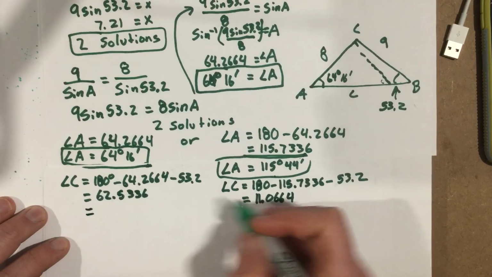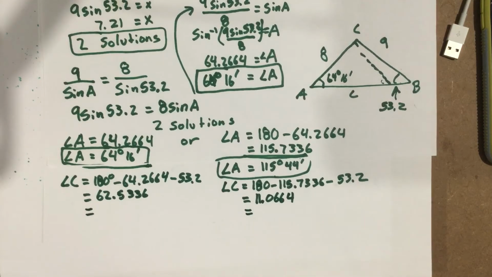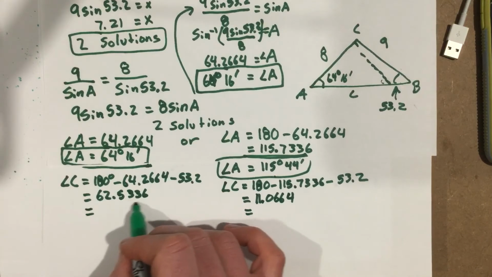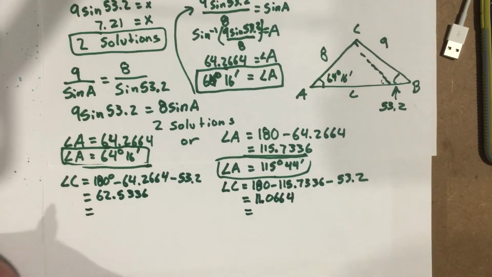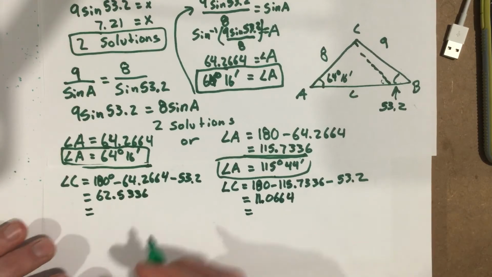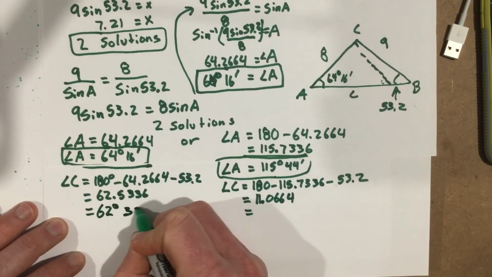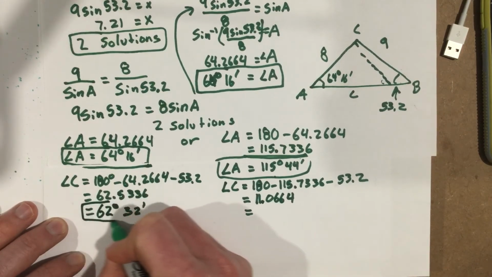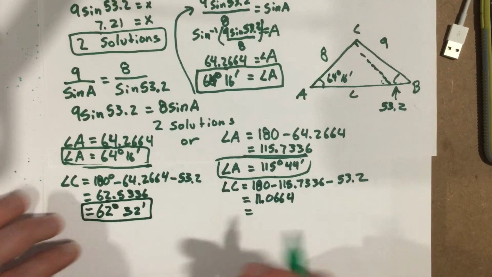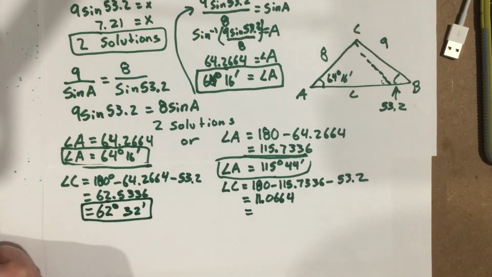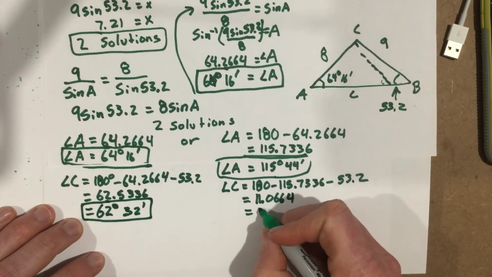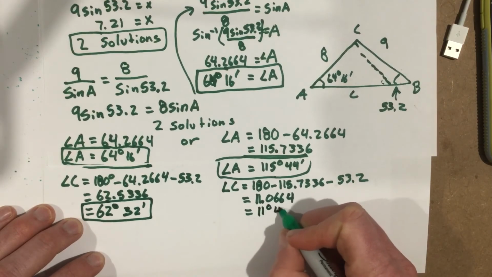But we need to convert this into minutes. So I take 0.5336, which is the ending percentage of minutes, times 60, and I get 32.01. So that means 32 minutes, so 62 degrees, 32 minutes. That's what I'm going to plug into MyMathLab. Do the same thing here, 0.0664 times 60 gives me 3.98, which is 4, so that's 11 degrees, 4 minutes.